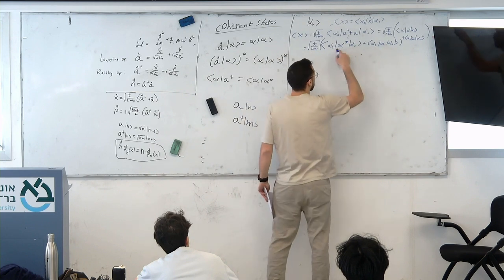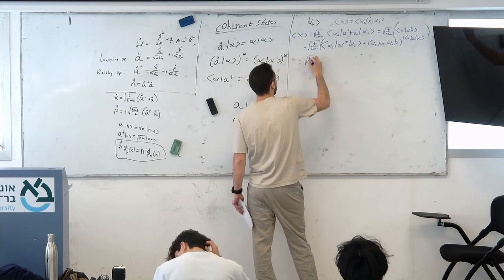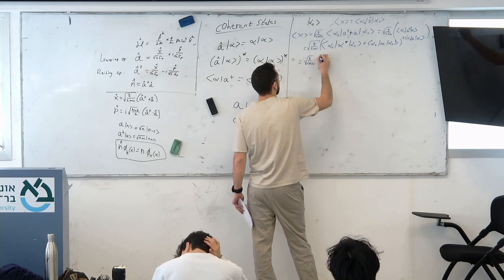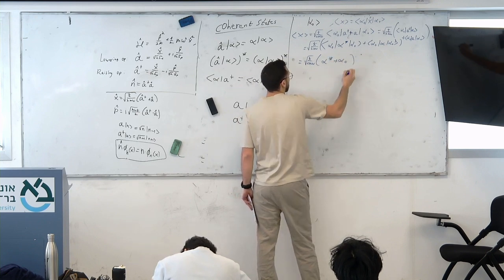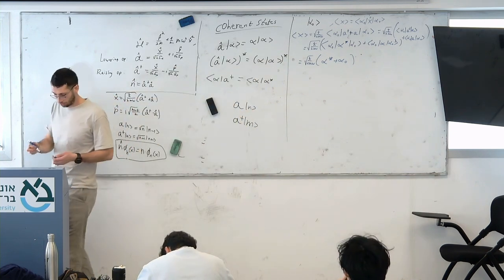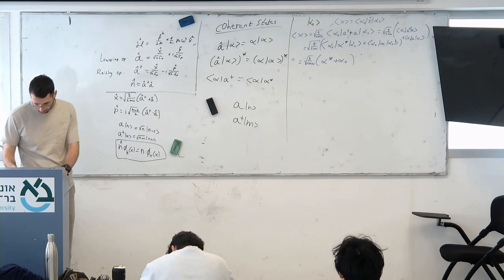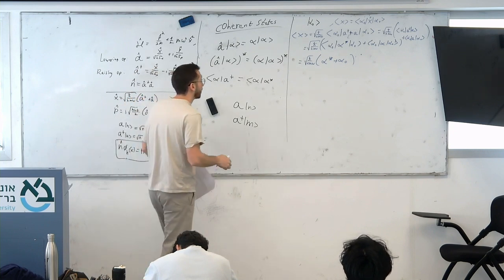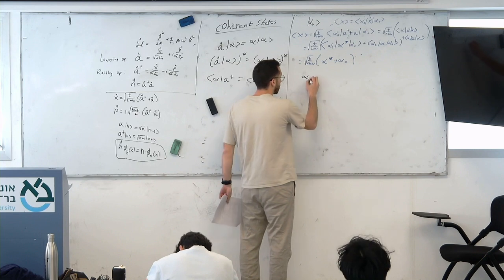Those are now scalars, the alpha and alpha naught. So we have square root of h bar over 2m omega times (alpha conjugate plus alpha naught).